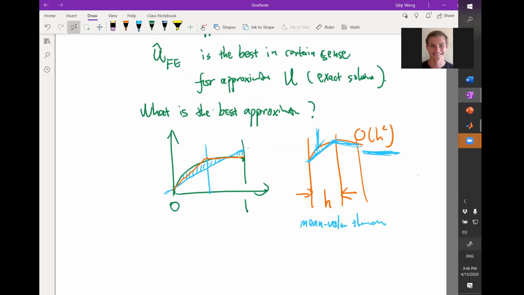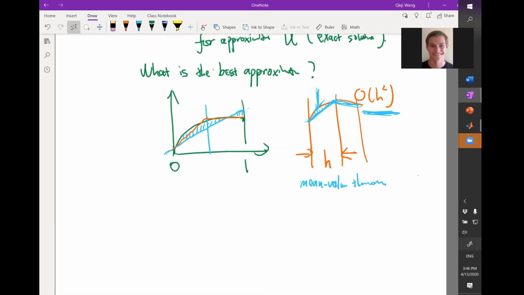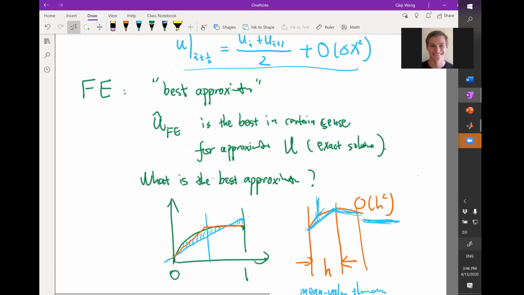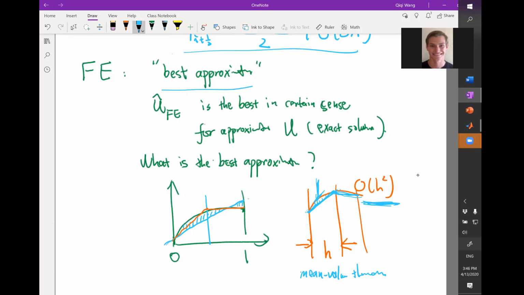Okay, so basically by going through this procedure, you can prove that if you use piecewise linear and continuous approximation for finite element solutions, the sense of what is the best actually depends on the differential equation, right?